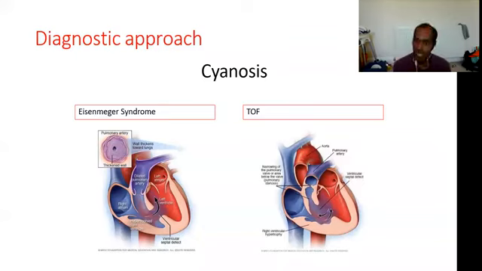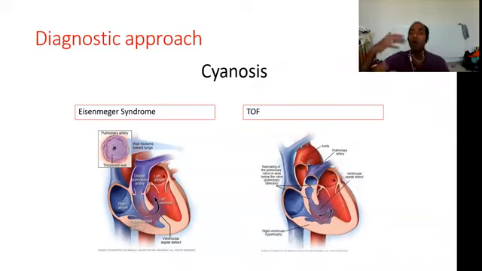In adult medicine, cyanosis in the cardiovascular examination due to cardiovascular causes is due to 2 conditions. One of 2 conditions: Eisenmenger syndrome or tetralogy of Fallot. Eisenmenger syndrome. What is Eisenmenger syndrome? It is basically reverse shunting through a congenital heart defect. As you know, usually the shunting is left to right because of the pressure difference.